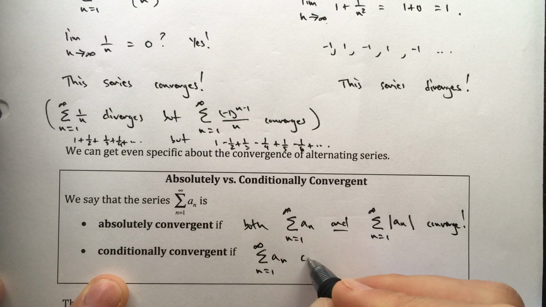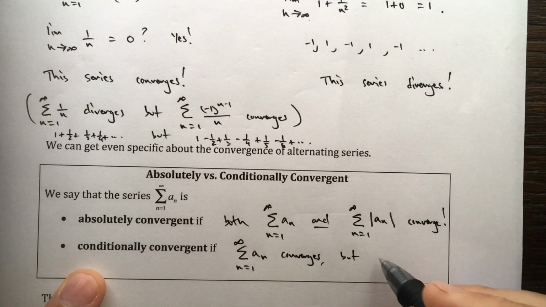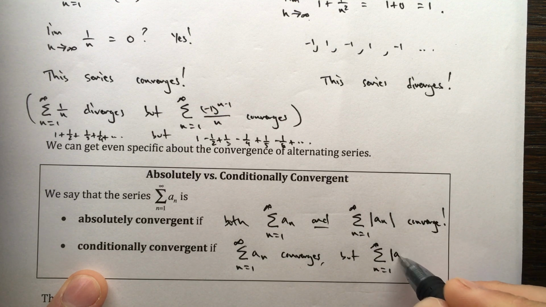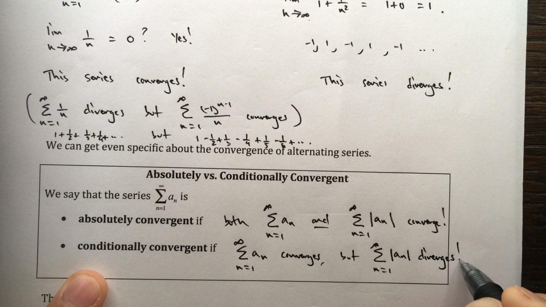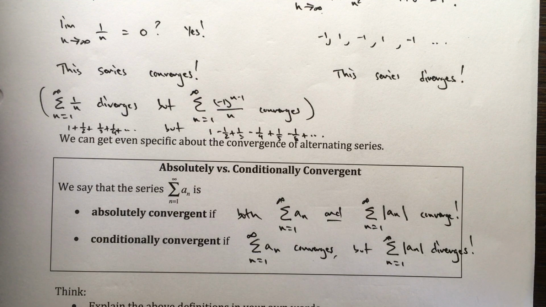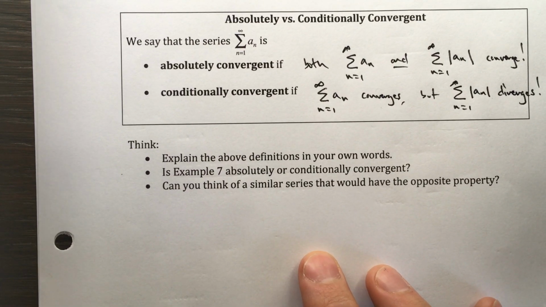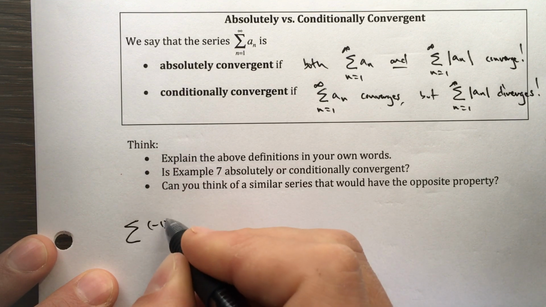So this converges, but this diverges. So just as a final example here, let's think about this one, which we just looked at.